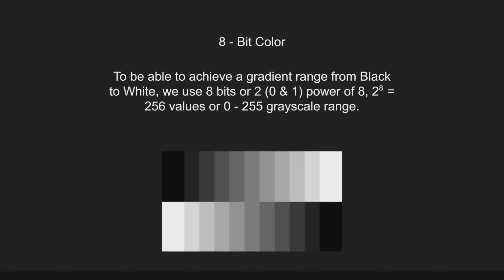We actually use 2 to the power of 8, thus giving us many more values. That's not just the black and white, but also the grayscale values that transition from black to white. So 2 to the power 8 equals 256 values, or in a better way of putting it, 0 to 255, because we use 0 as the start, not 1.